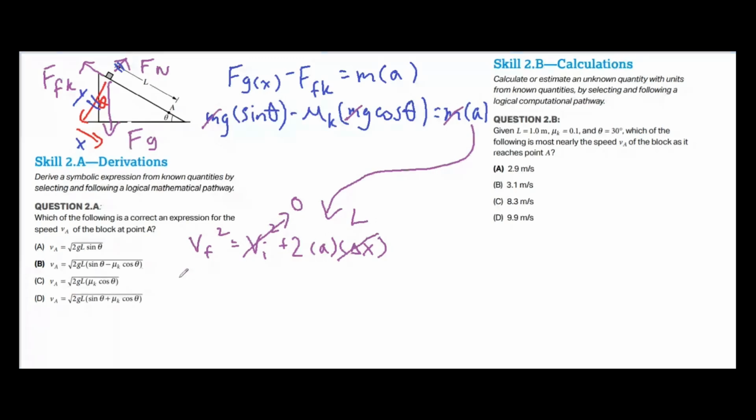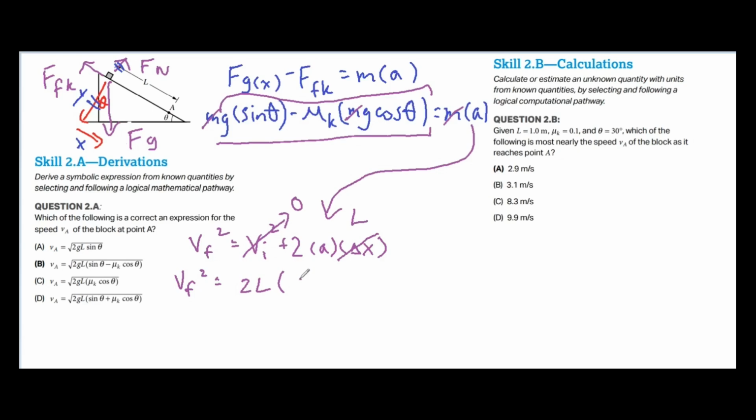So we have Vf squared equal to, and then we still have the 2. We have the coefficient of 2 in front of it as well, and we have the L. So we'll just call that 2L and put that together. And then this entire chunk over here is our a.